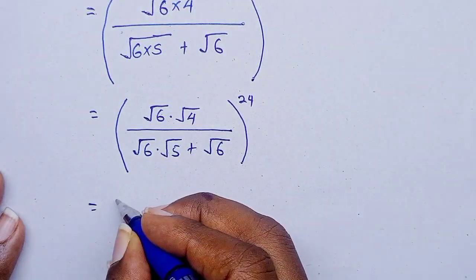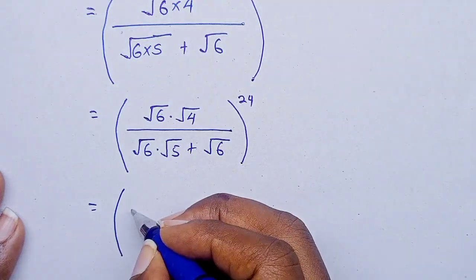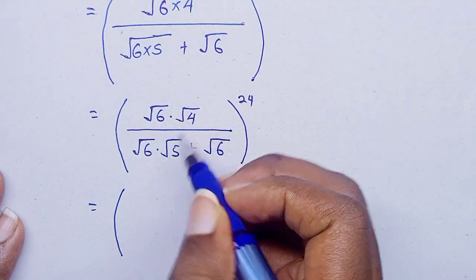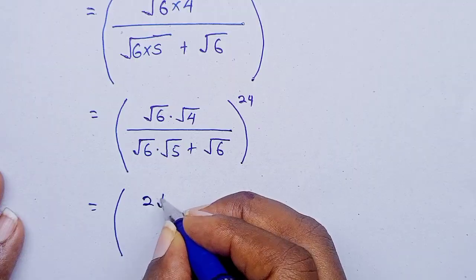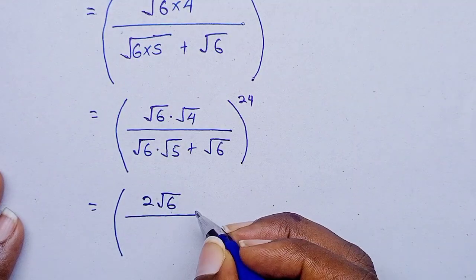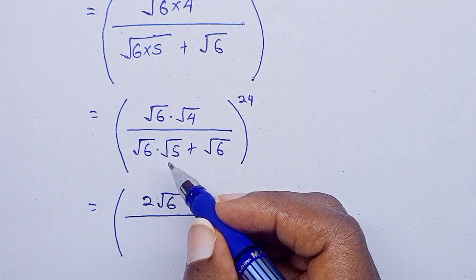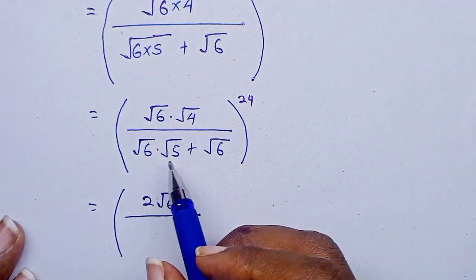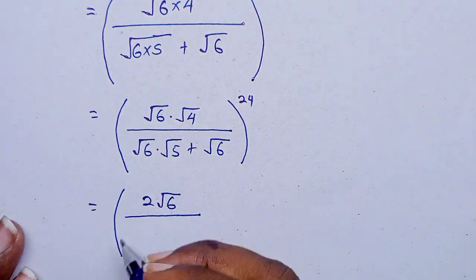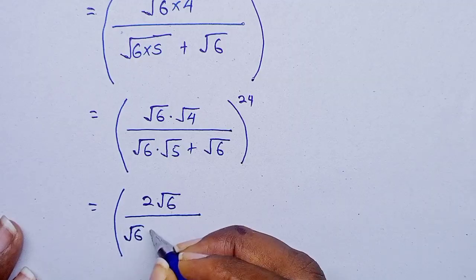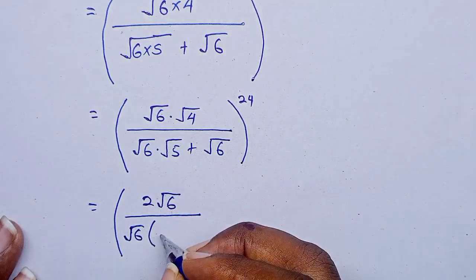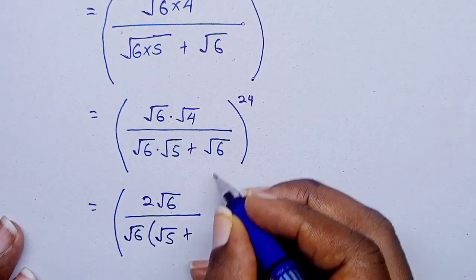So this is equals to root of 4 is 2. So we shall have 2 root 6 over, we are going to factor out root of 6 since it is common here. So we shall have root of 6 out into, here we are left with root of 5 plus 1.